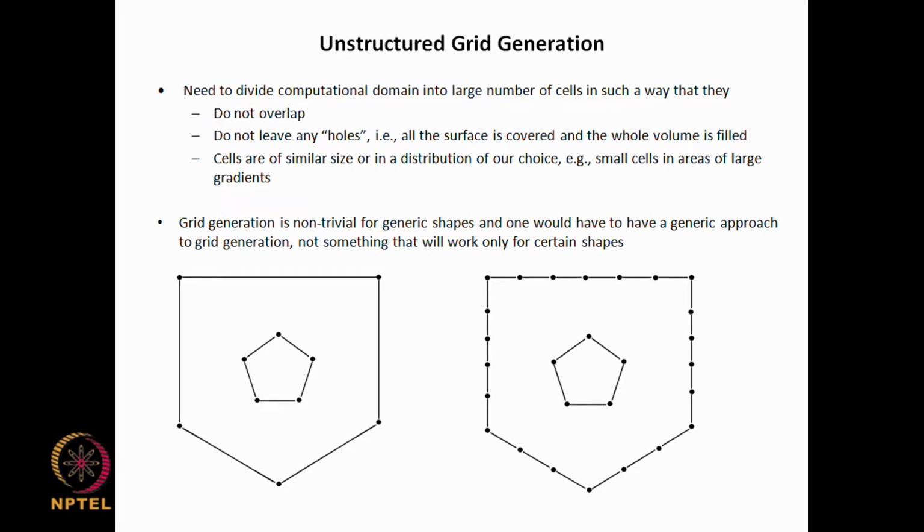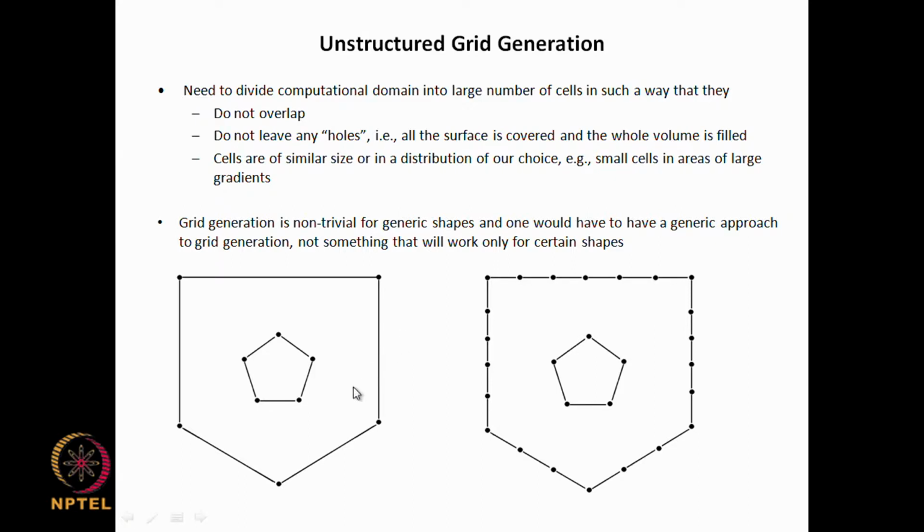Okay. So, just to see what the major issues are in terms of grid generation, consider this domain here that we have, which has these 5 surfaces. It is like a pentagon, not quite a regular pentagon, inside which you have another pentagon like this, and whatever is the domain in between is the computational domain.